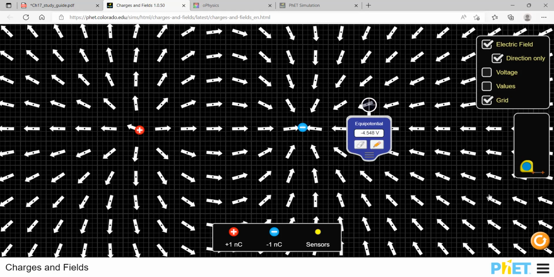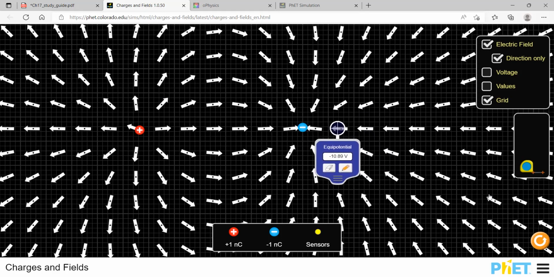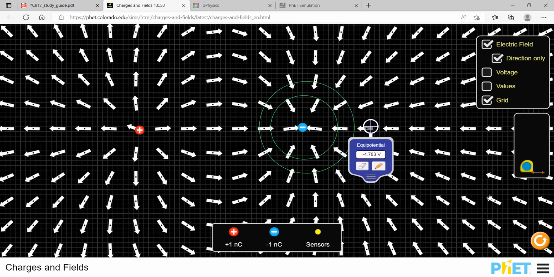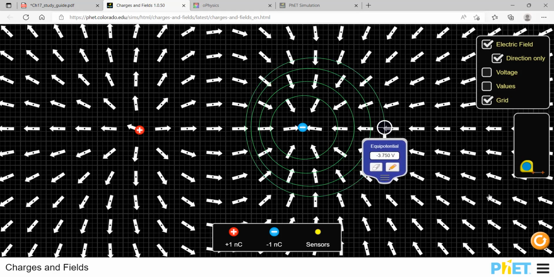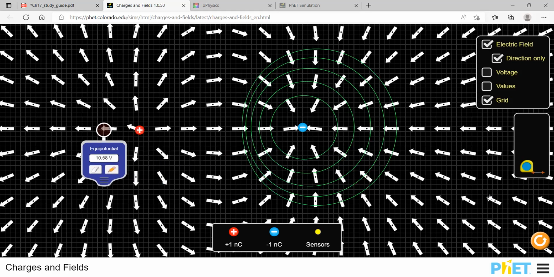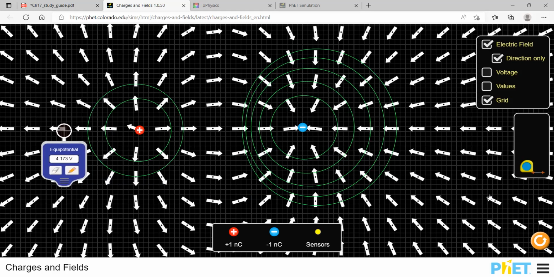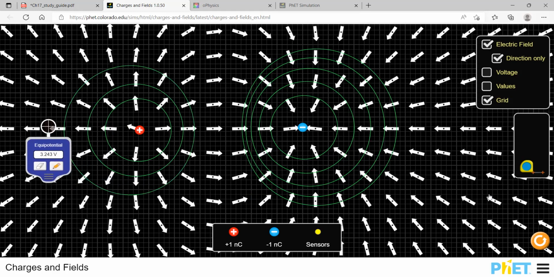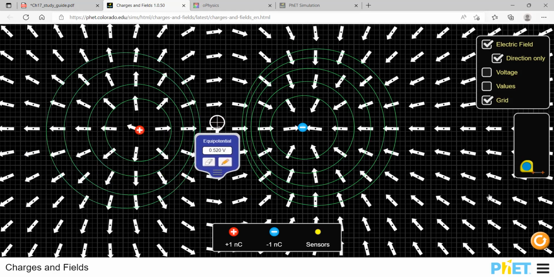If I want to know the equipotential lines, it is a little bit more complicated. Close to the positive or negative charge it is again a circle, but the circles are not symmetrical. So for a combination it's something like this.